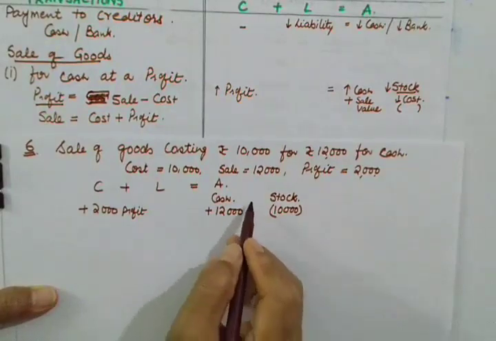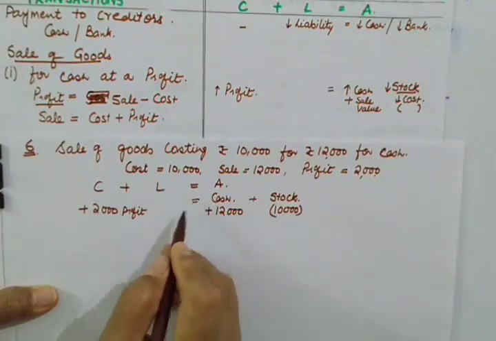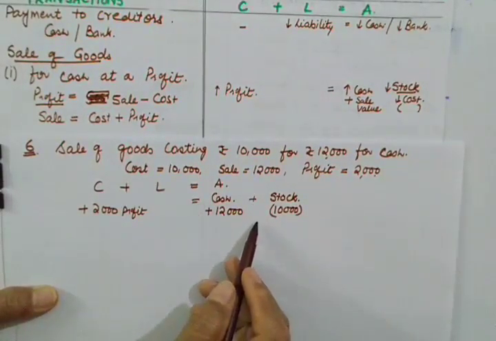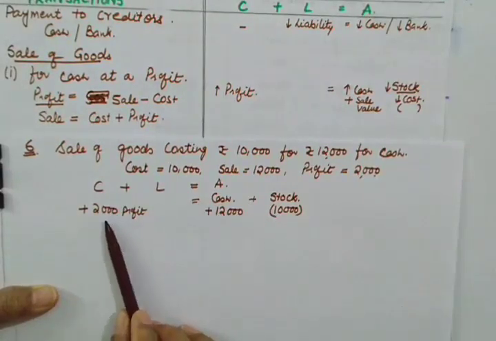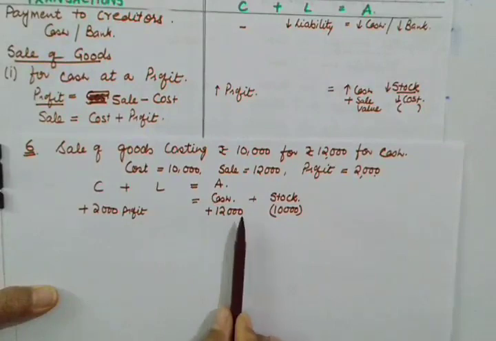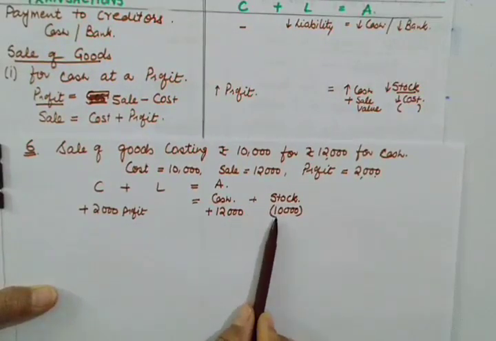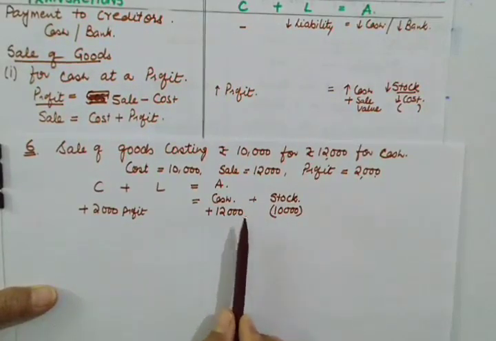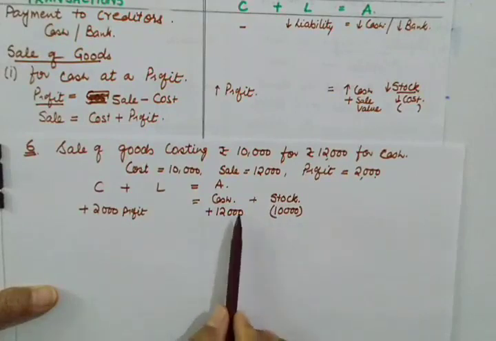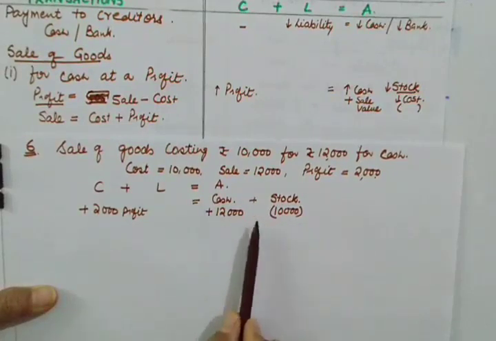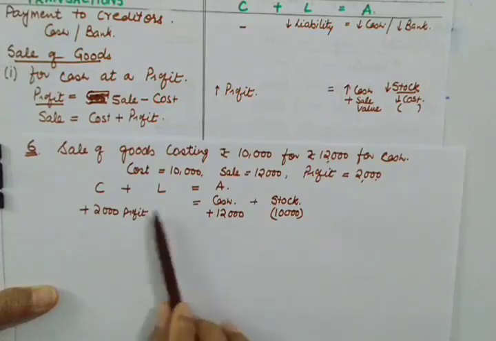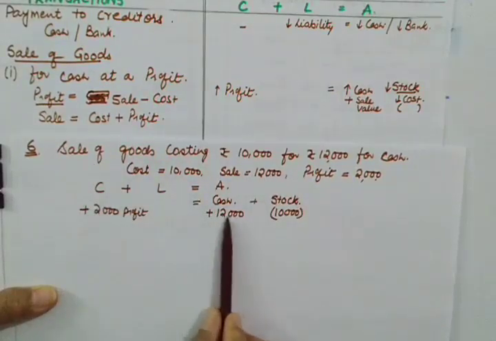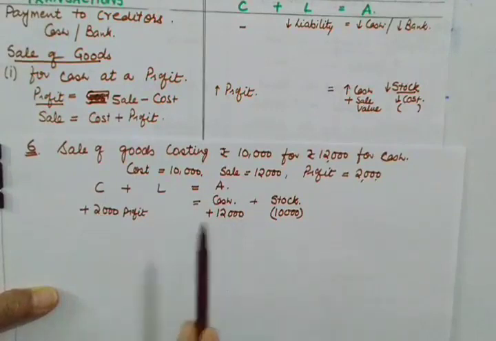If you calculate the net impact on the left hand side and right hand side, you will see that the net effect of both is the same. Here you are adding 2,000, and here also you are adding 2,000. 12,000 plus and 10,000 minus, so ultimately it will be plus 2,000 on the right hand side. I hope you will be able to understand this particular concept.